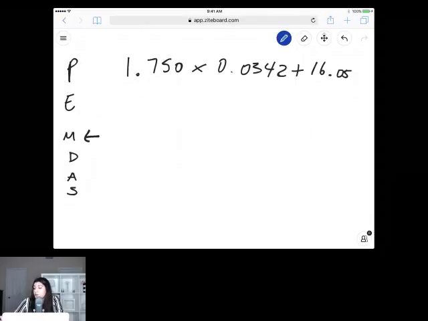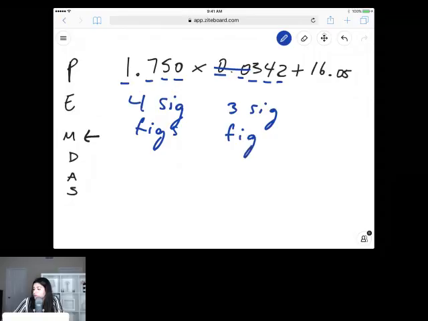Multiplication, we said we want the least amount of sig figs. So in our case, we have 1, 2, 3, 4 sig figs in this first number. In our second number, remember these two leading zeros do not count. So I only count these 3 at the end. So we have 3 sig figs. We'll multiply and round to 3 significant figures.